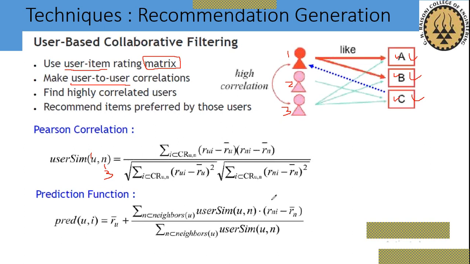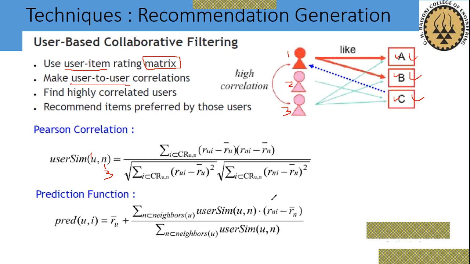Using this, we are finding out the similarity between these 3 users. Using this example, we find that user 1 and user 3 are highly correlated.